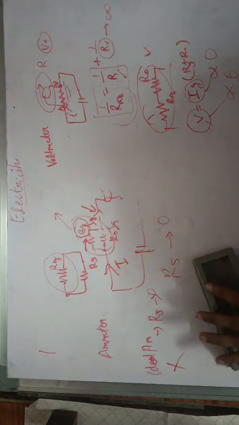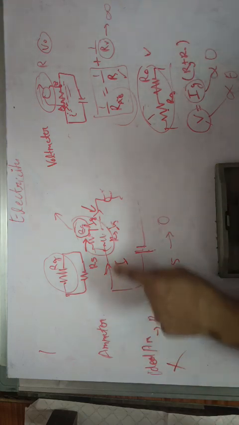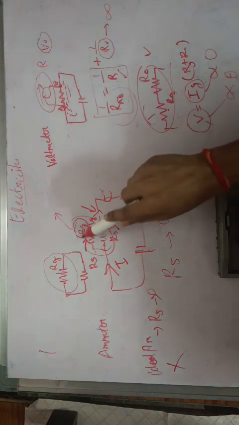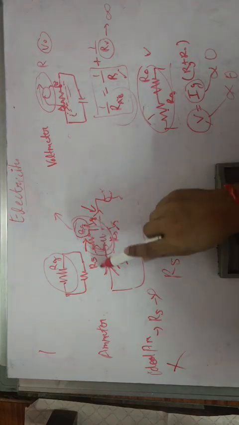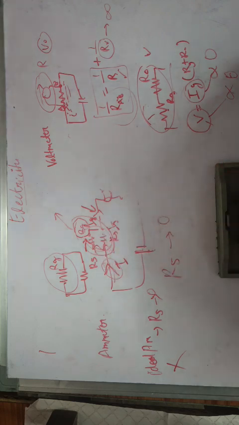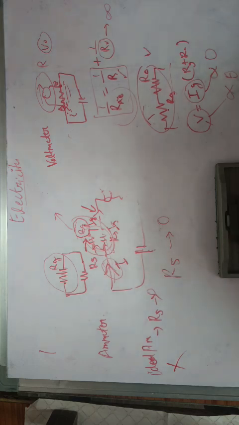So voltage can be told by the deflections. So this is the working mechanism of voltmeter and ammeter. The ammeter always tells the total current passing through both, the sum of the current passing through both, or we can say the total current passing through this ammeter. That is what the ammeter shows in the reading.